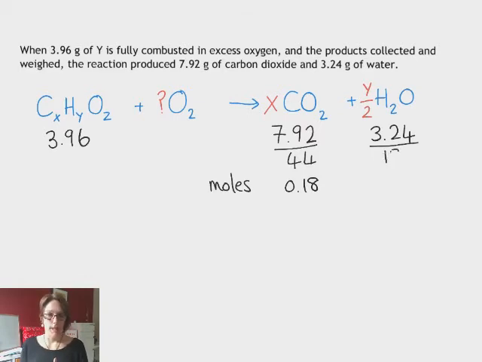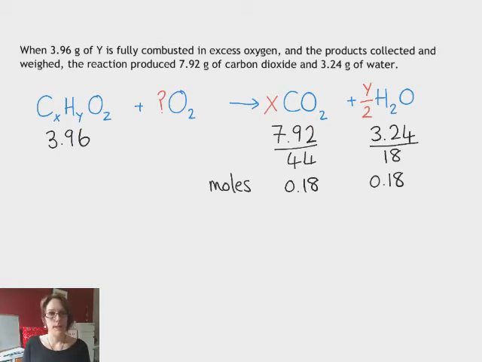The MR of water is 18. 3.24 divided by 18 gives me 0.18 moles of water. So far, I've reached a point almost with an empirical formula where I almost have a mole ratio of carbon and hydrogen. But I need to be a little bit careful, because moles of carbon dioxide does equal moles of carbon, but moles of water does not equal moles of hydrogen.